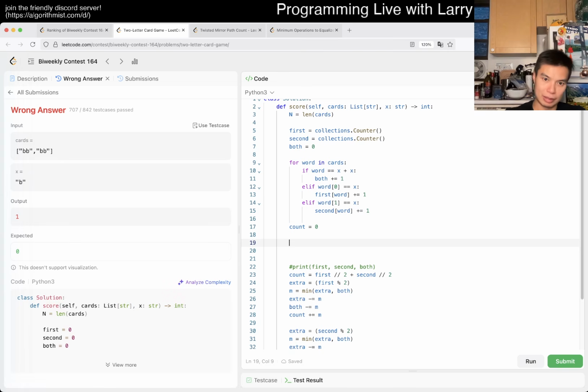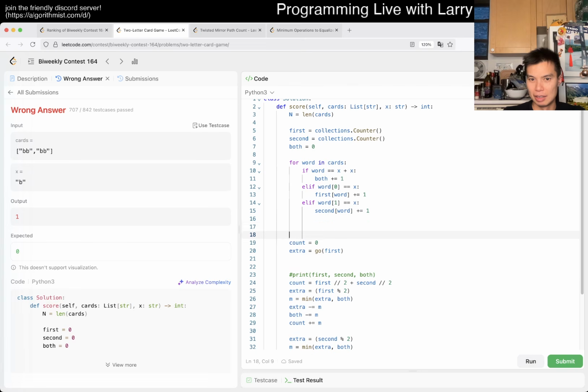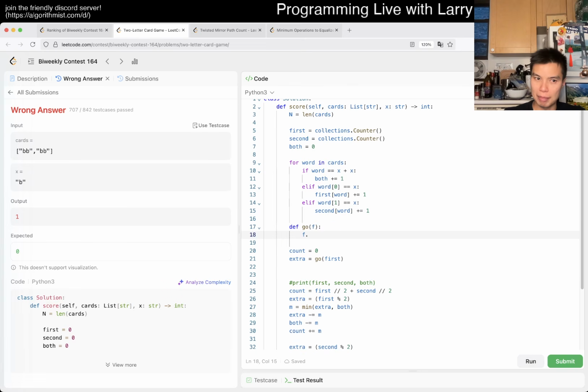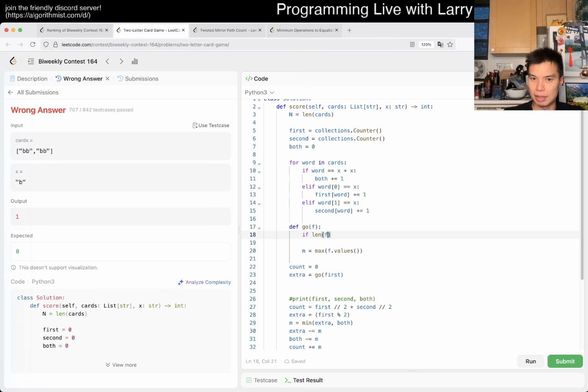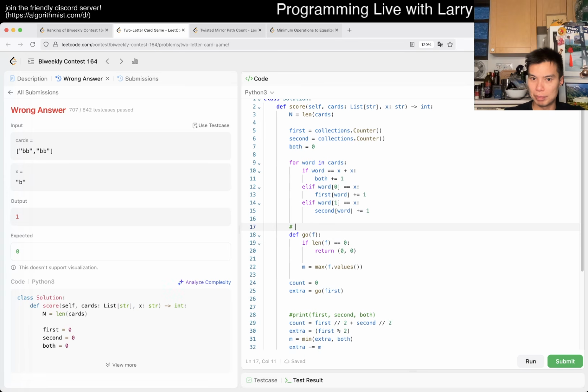Okay. So we're gonna get extra is equal to get first, maybe get go first. Let's just say we want to say f dot max. We only care about max. Right, so okay. If length of f is equal to 0, just return 0, 0, 0. I'm gonna return pairs and extra.